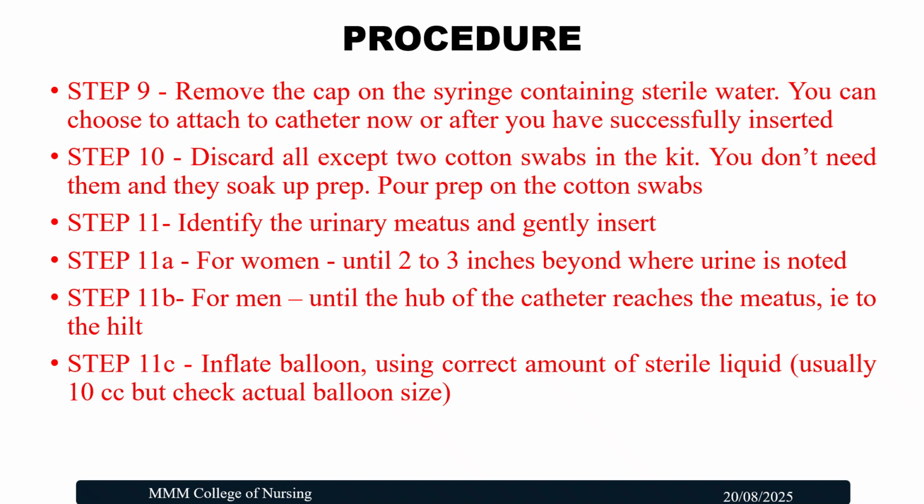Identify the urinary meatus and gently insert the catheter. For women, insert until 2 to 3 inches beyond where urine is noted, and for men, until the hub of the catheter reaches the meatus, to the hilt. Then inflate the balloon using the correct amount of sterile liquid, usually 10 cc, but check the actual balloon size.